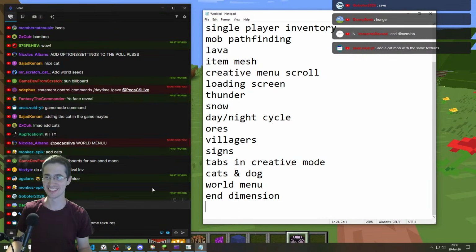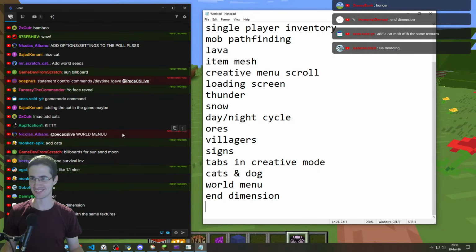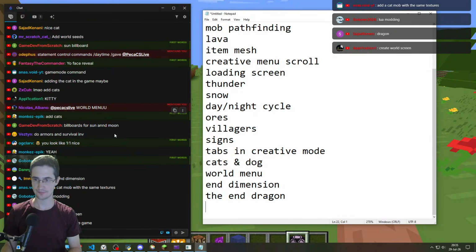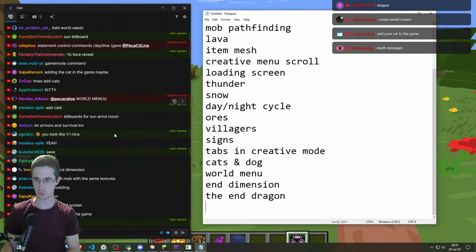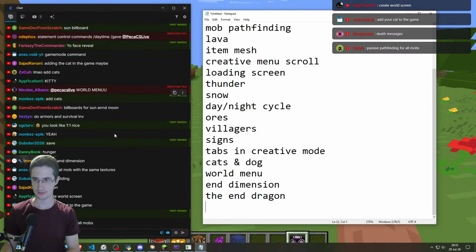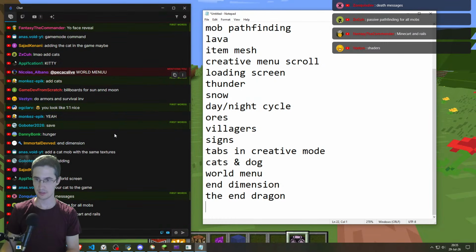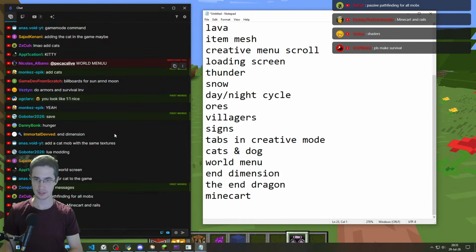Create world screen. Dev message: we cannot die in the game currently. Minecart, we have rails. Boat.